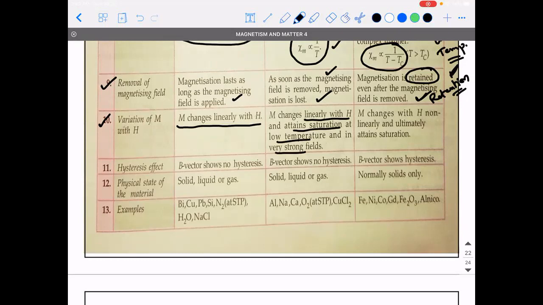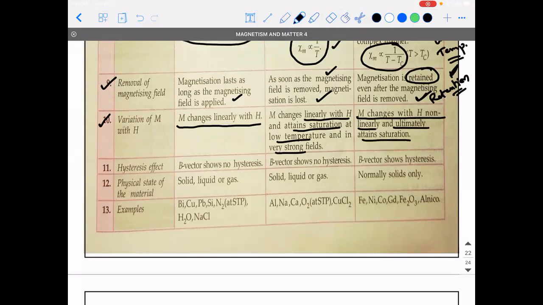The meaning of saturation is, as you keep increasing the magnetizing field intensity, the material will no more get magnetized because it has got magnetized to the maximum possible extent. Then what about a ferromagnetic substance? M changes with H non-linearly and ultimately attains saturation.